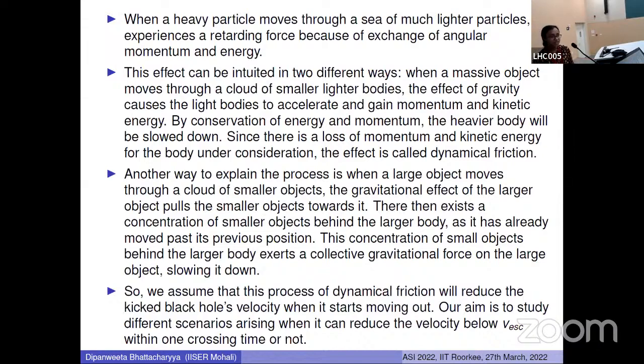Therefore, in all the processes, we can see that it always causes the slowdown of the massive object, which here is the black hole. So we can assume that dynamical friction will reduce the kicked black hole's velocity when it starts moving out. Our aim is to study the different scenarios arising when it can reduce the velocity below the escape velocity or not. And if it doesn't come below the escape velocity, what will happen to the ejected black holes or globular clusters?